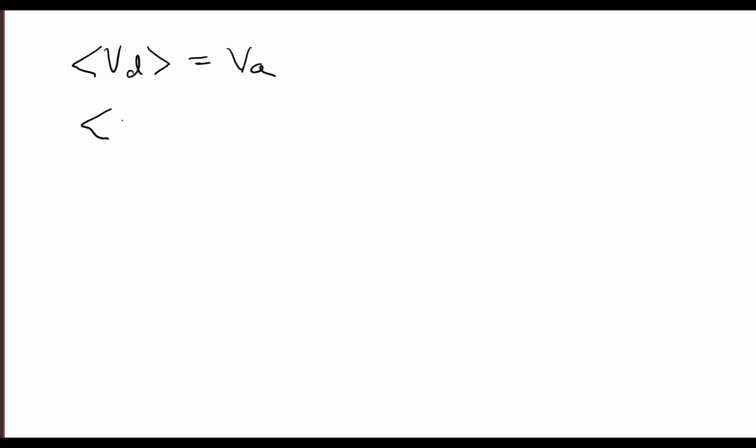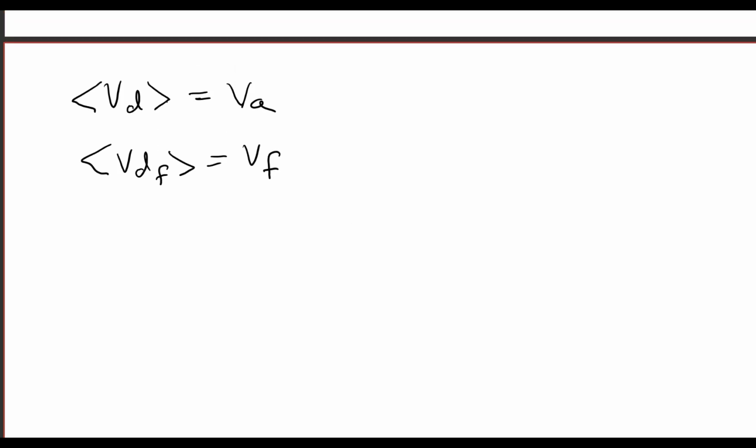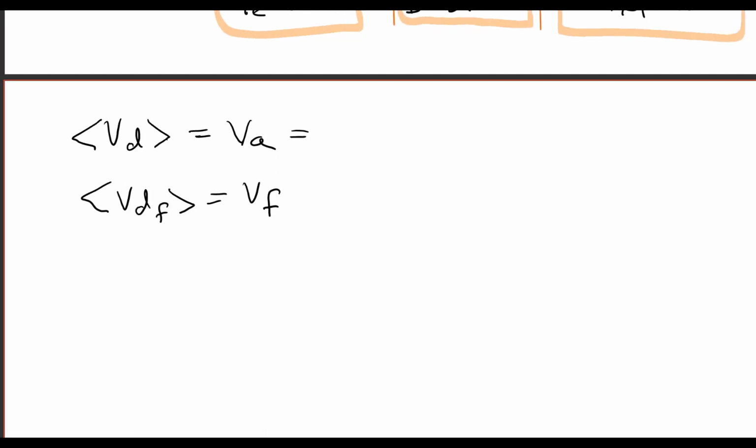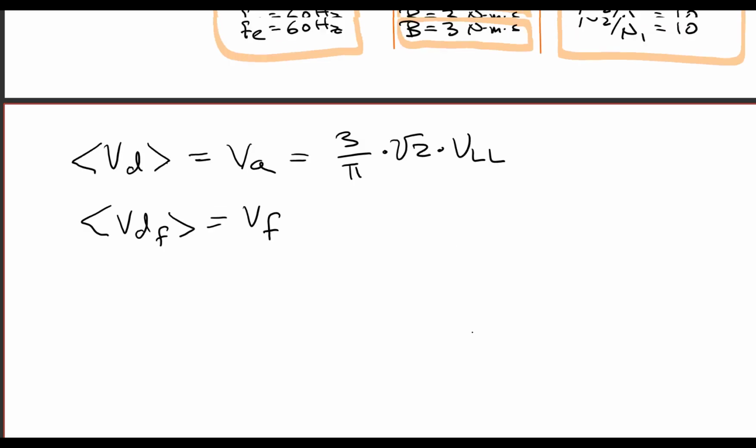Or we have the average drive voltage for the field, that's being applied to the field, V sub F. So in the first case, that average voltage is going to be 3 over pi, because it's averaged over one 60-degree cycle, root 2 V line to line of the source.